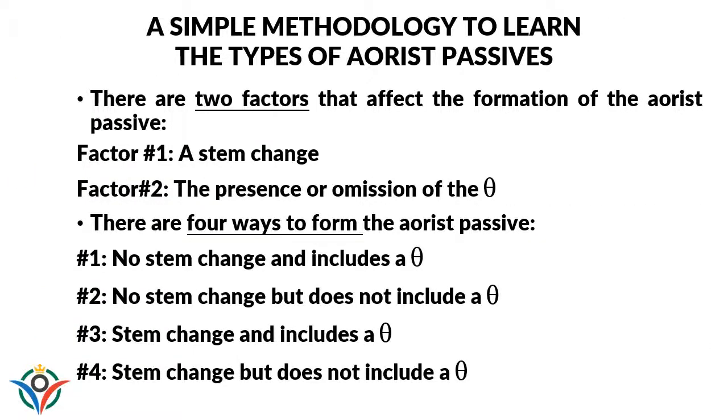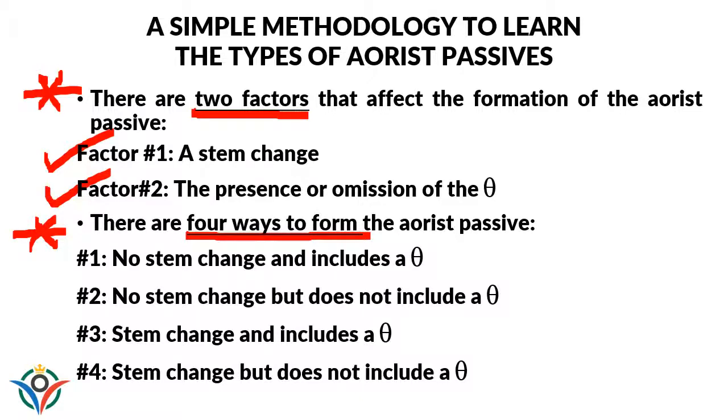So here's a simple methodology to learn the types of aorist passives. The first part of the methodology: there are two factors that affect the formation of the aorist passive. The first factor, a stem change. Second factor, the presence or omission of the theta. And then the second part of the methodology, there are 4 ways to form the aorist passive.